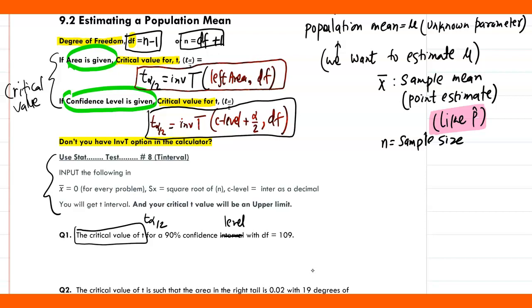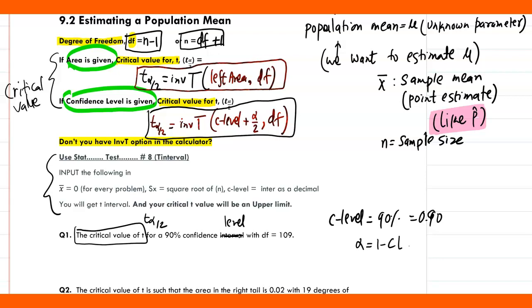Now the confidence level is 90%. Therefore, C level here equals 90%, which is the same as 0.90. What's the alpha? The alpha is 1 minus C level.